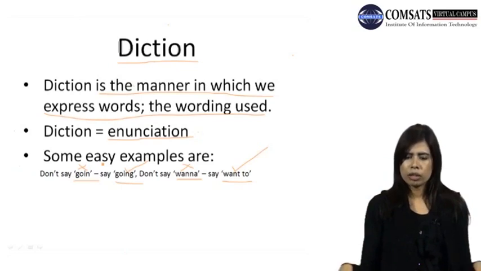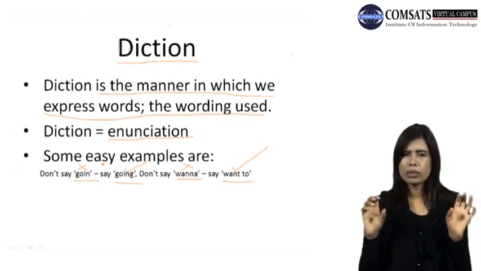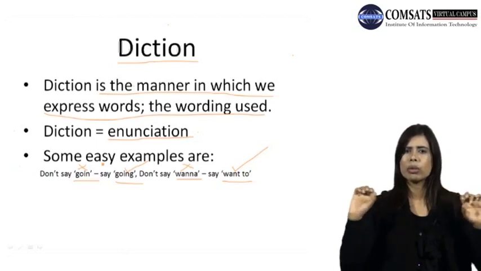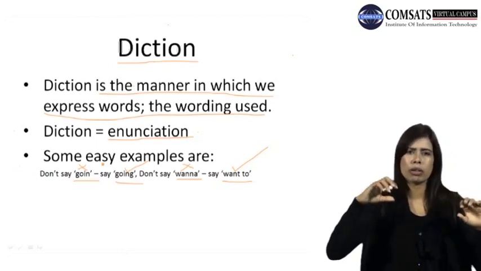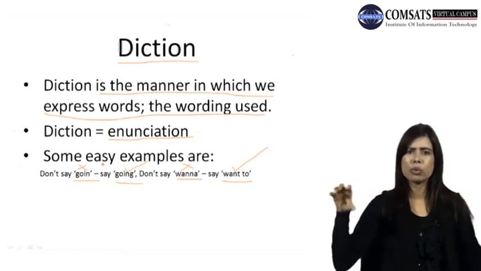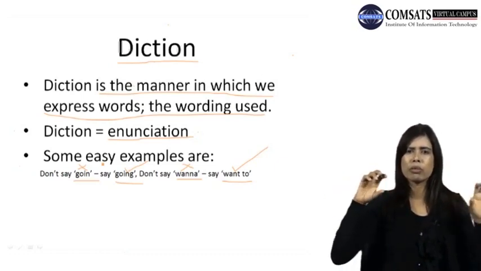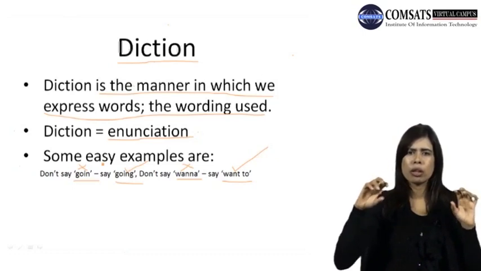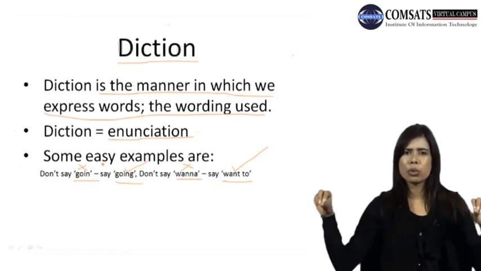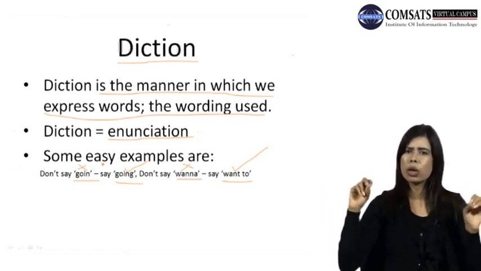Don't say wanna, say want to. Here, my dear students, these are contractions, or the shorter versions of words. This is now part of American English: instead of saying you want to, they say wanna, or instead of saying going to, they simply say gonna.